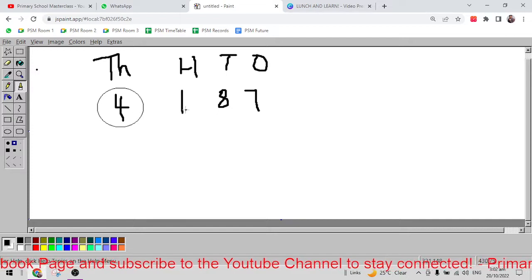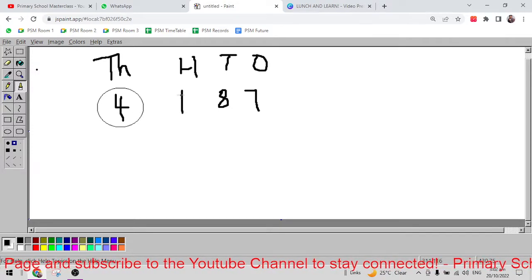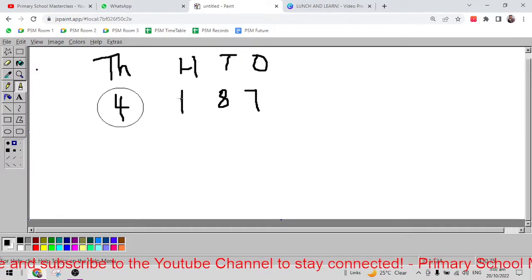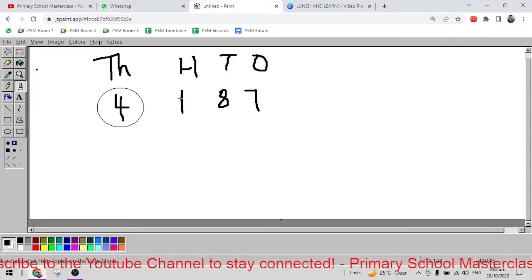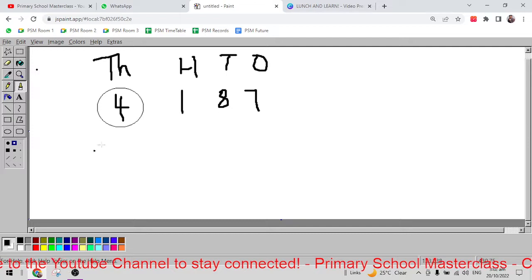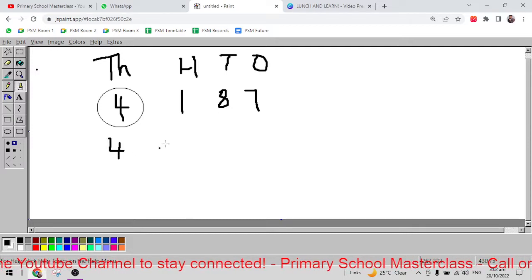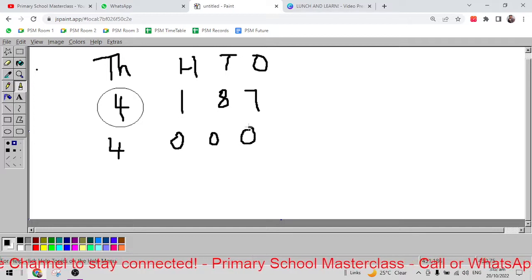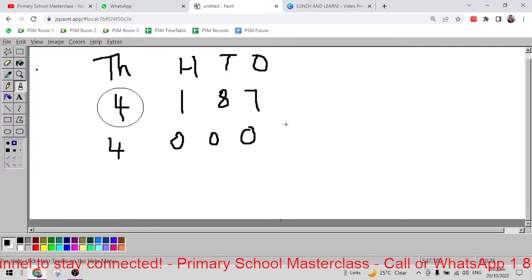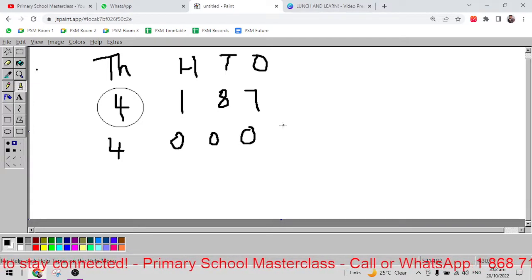Now, is the 1 here, which is under the hundreds column, equal to or greater than 5? No, it is not. So I'm going to leave 4 by himself and fill it with zeros. So 4,187 rounded to the nearest 1,000 is 4,000.